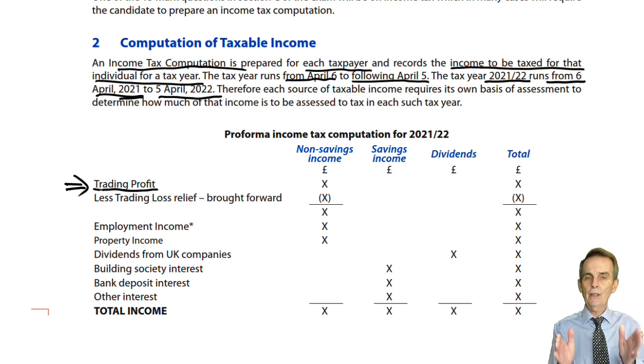Chapter 4 gives us those rules. These are the things that are perfectly allowable, or more specifically, these are the ones that are not. Those are the ones that you have to remember and know how to deal with when facing that task within the examination of adjusting the statement of profit or loss and making it acceptable for tax purposes.